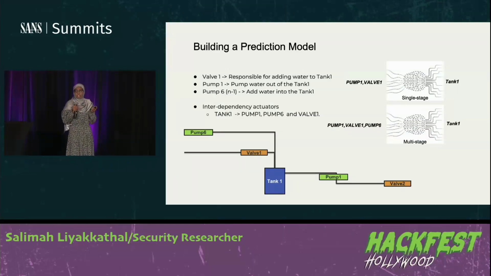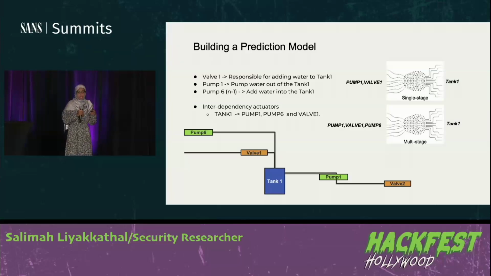This diagram is a short segment of the whole water treatment. It consists of pump 6, valve 1, tank 1, pump 1, and valve 2. Valve 1 is responsible for adding water to tank 1. Pump 1 is responsible for pumping water out of tank 1. Pump 6, or N-1, just so happened that the test bed used had pump 6.